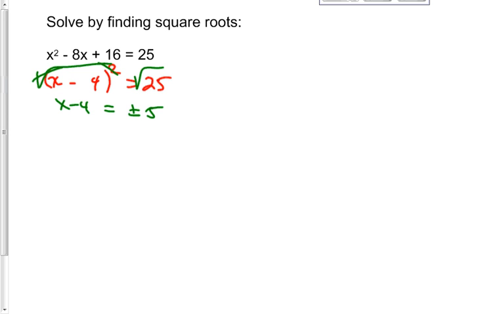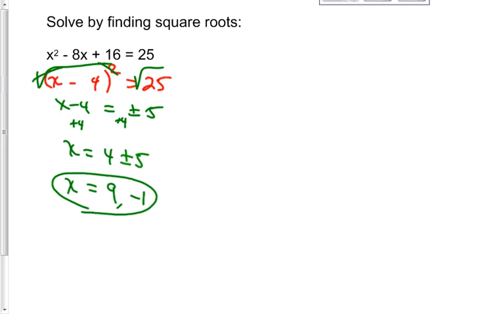And your last step is now to move that 4 to the other side. And remember, when you add 4 to both sides, put it in front of your plus and minus sign. 4 plus and minus 5. 4 plus 5 is 9. 4 minus 5, negative 1. So my two solutions, x equals 9 or negative 1.